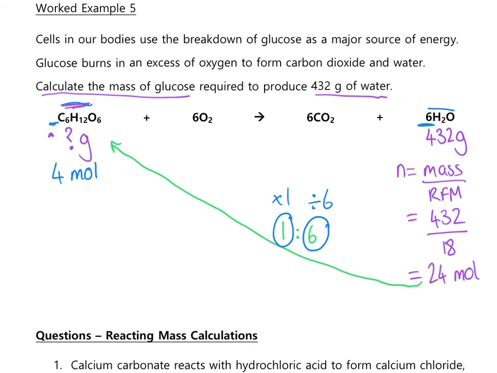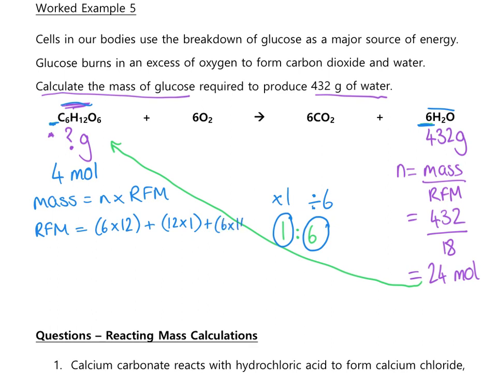Once I've got that, I need to convert to mass using my equation, n times RFM. The RFM of glucose we need to calculate. I have 6 carbon atoms, so that's 6 times my mass of carbon, which is 12, added to 12 hydrogens, with a mass of 1, and then 6 oxygens, so 6 multiplied by 16.